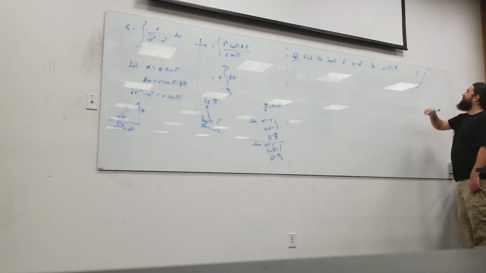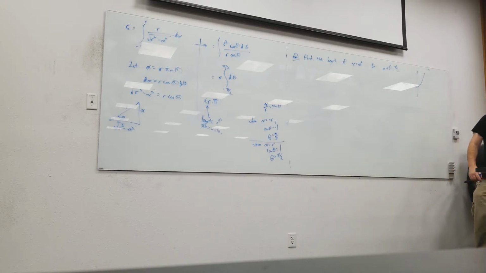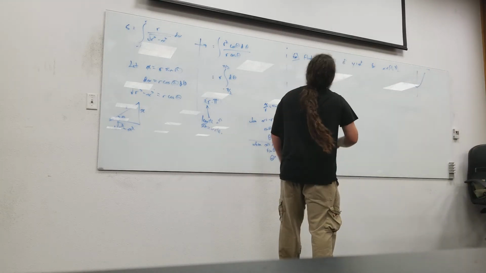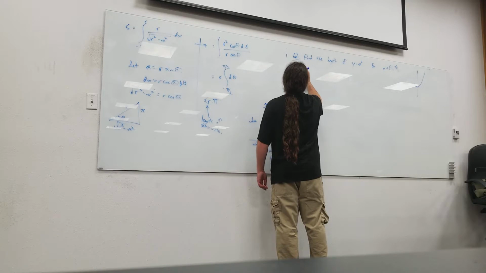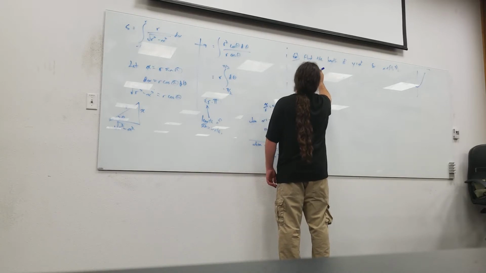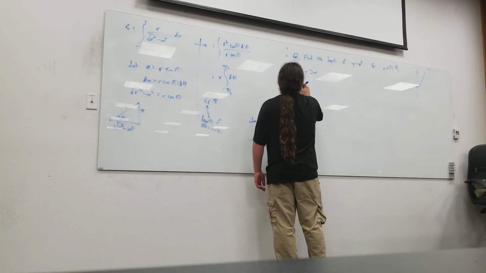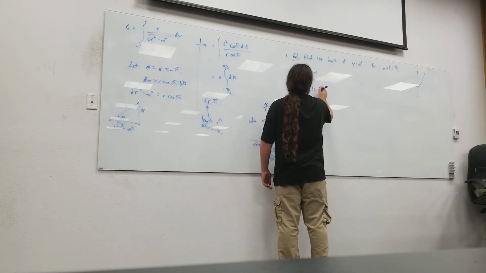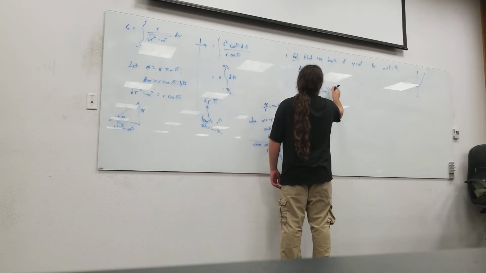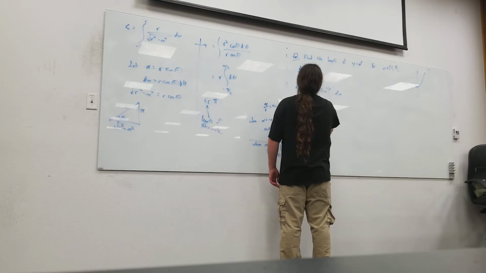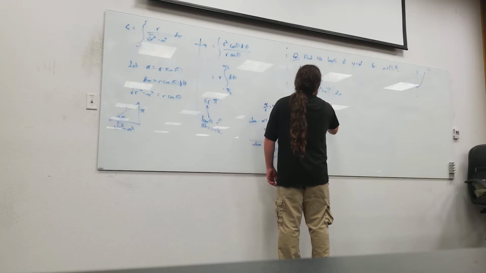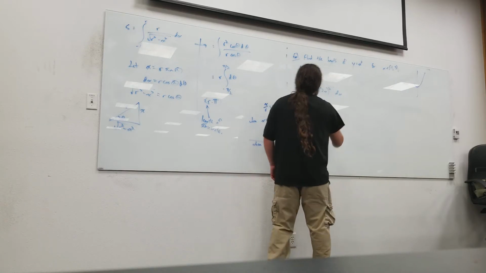So something looks like this. We're just trying to find the length of that curve. Okay, so dy dx is 2x. And so the small unit of arc length is going to be the square root of 1 plus 2x squared dx, aka 1 plus 4x squared under a radical dx.